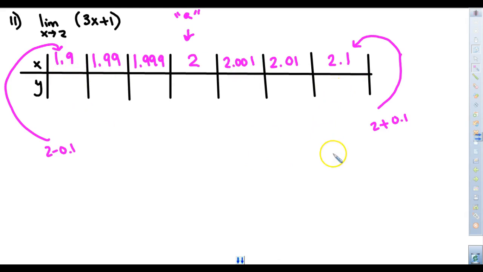Now, to get the y values, I let my calculator do all this. Yes, I do. Okay, all you have to do is, on your calculator, go into y equals. If you have any plots turned on, make sure you turn off all plots. It's just going to mess you up, okay?